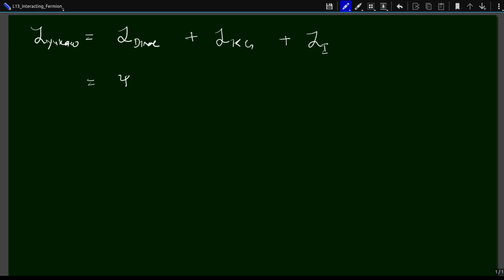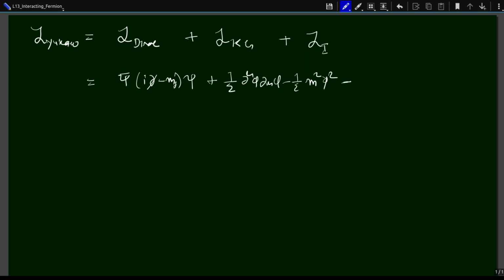So I have psi bar (i del slash minus m_f), that's my Dirac part, plus 1/2 (del_mu phi) squared minus 1/2 m squared phi squared for the real scalar. Here m_f is the fermion mass, and m is the mass of the scalar.